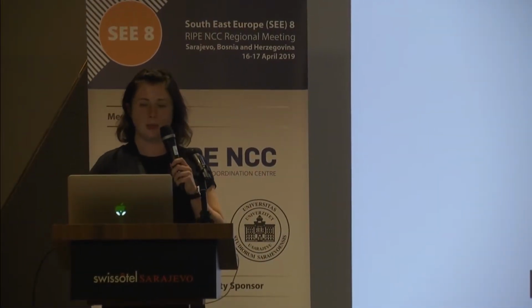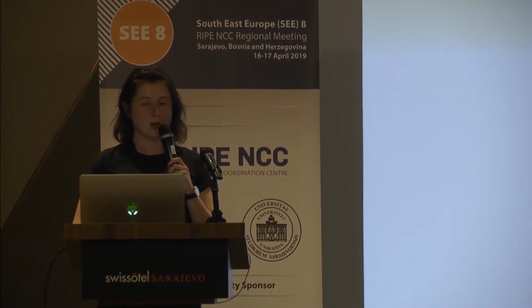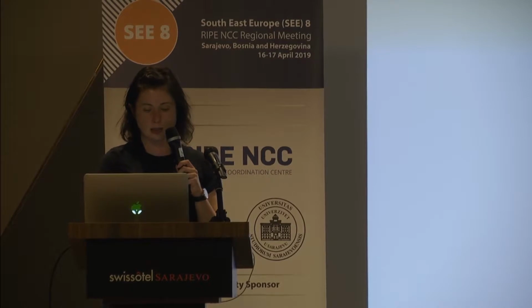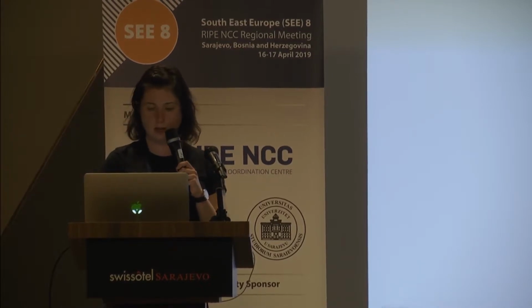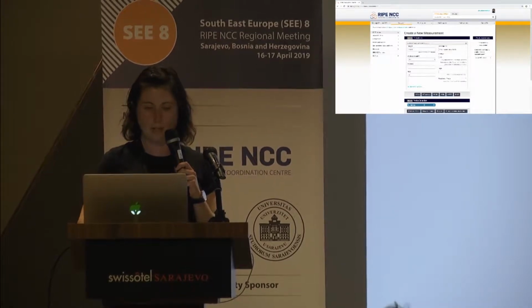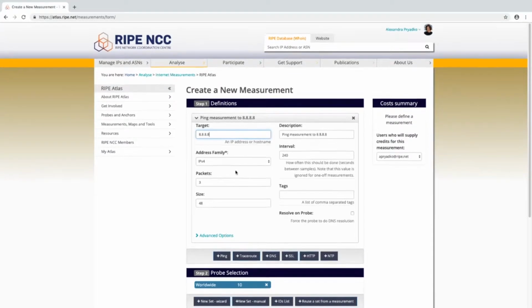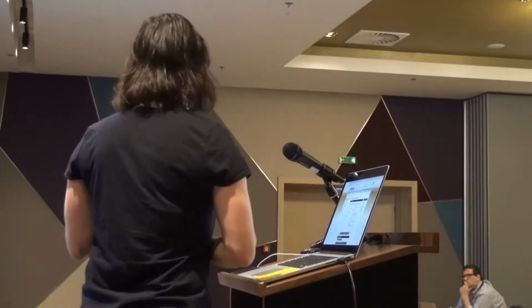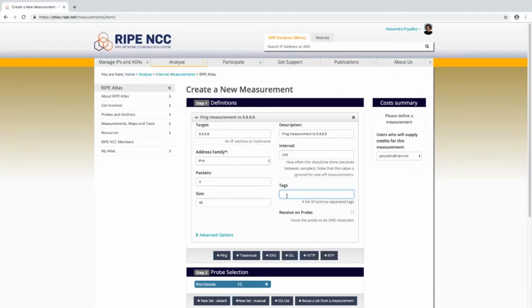So here, at the upper part, when you specify the measurements option, you need to specify some target. Let's say I just say a random number. And here there is an option for tags. Every person who is getting a probe or an anchor can put some kind of tag in the settings on our website.